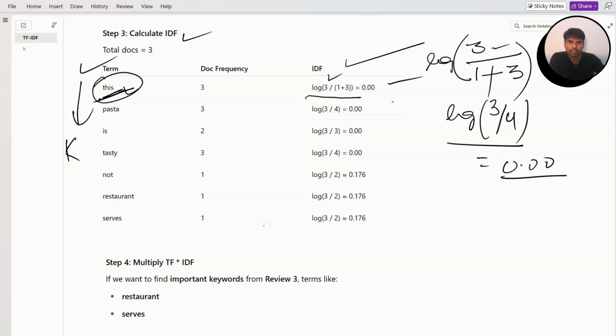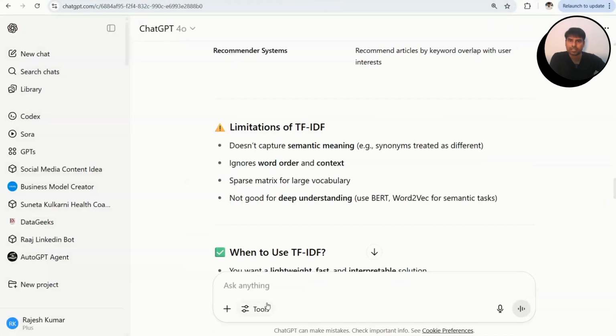It is almost 0. Log 3 by 4 is 0. Let me calculate what log 3 by 4 is. Let me ask ChatGPT: log 3 by 4, calculate.